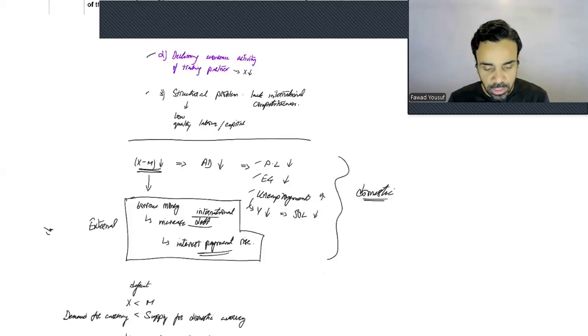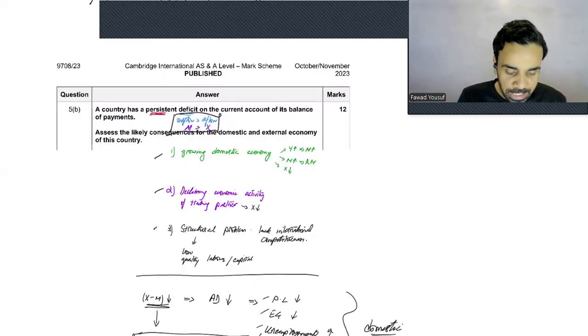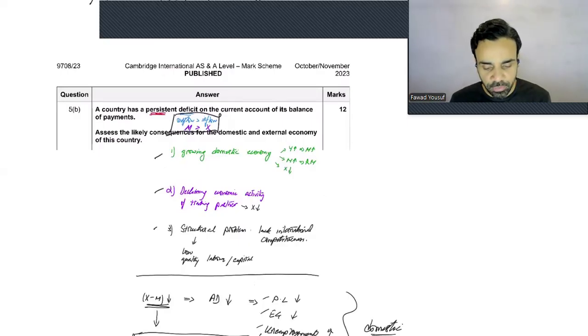तो इस क्वेश्चन के अंदर जब हम दोबारा जाते हैं, based on the analysis we've just done, assess the likely consequences of the domestic and external economy of this country. It's not mentioning कि हमें basically eventually किस चीज के ऊपर evaluate करना है. Like, are we saying domestic is more important than external?